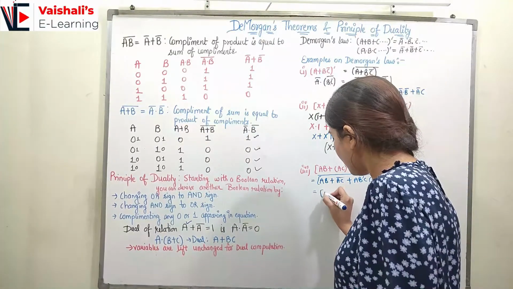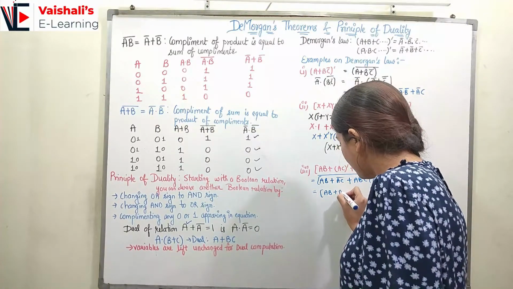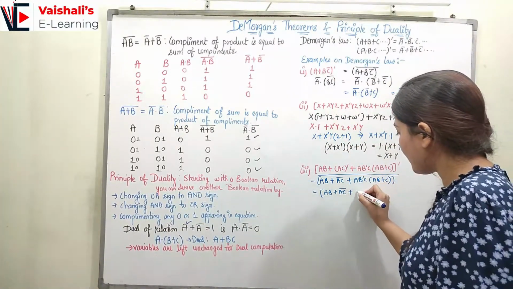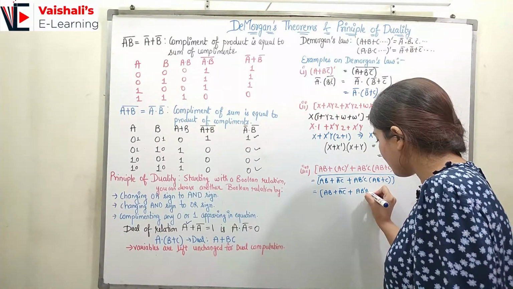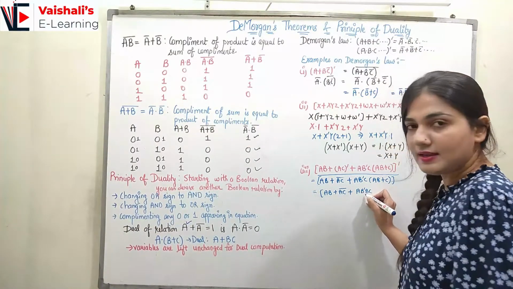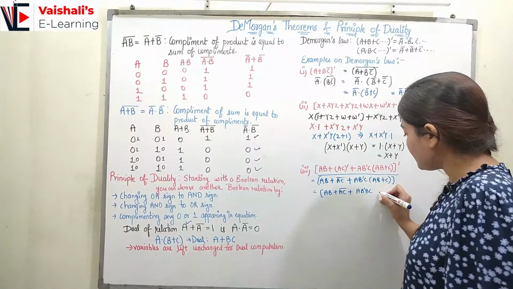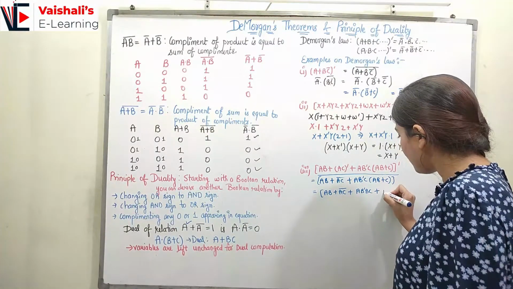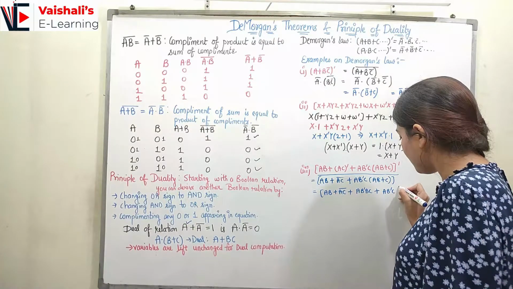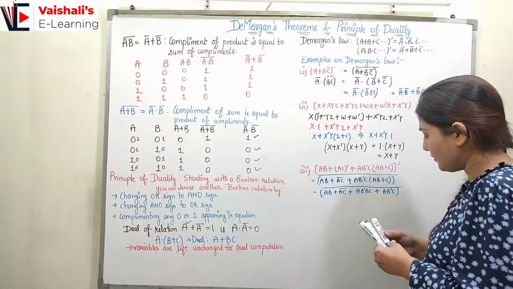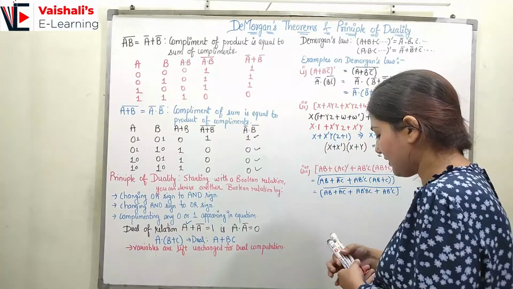So here I will have (AB plus AC) whole complement plus AB'C multiplied with AB, which will be AB'BC. B'B is equal to 0, right? Any complement multiplied with the variable is 0, plus here we will have AB'C, and whole complement.